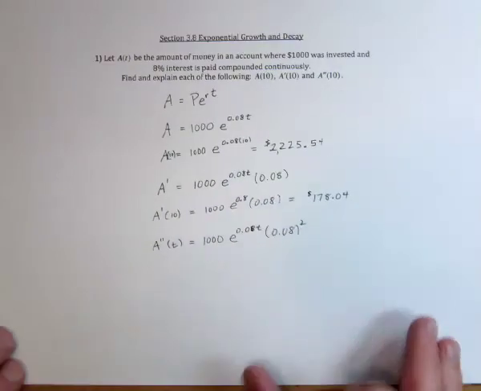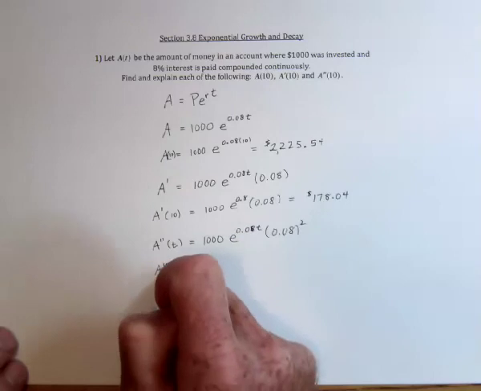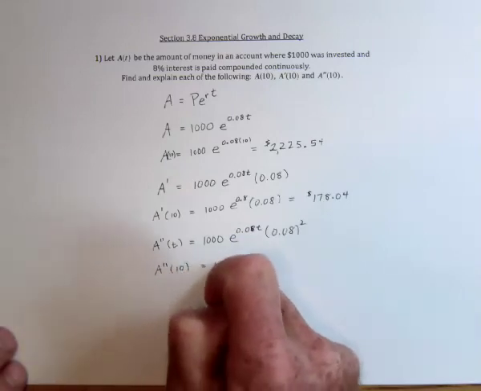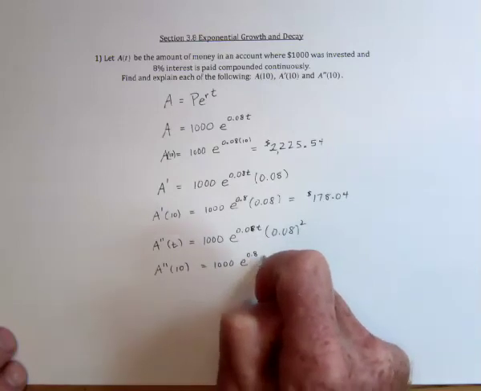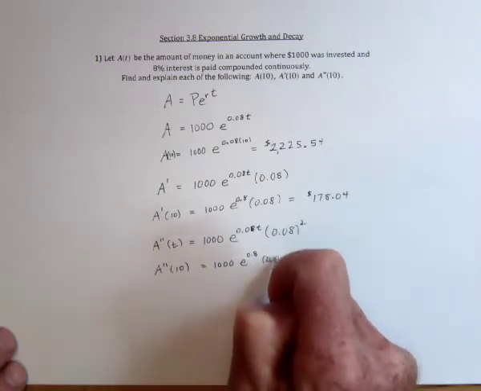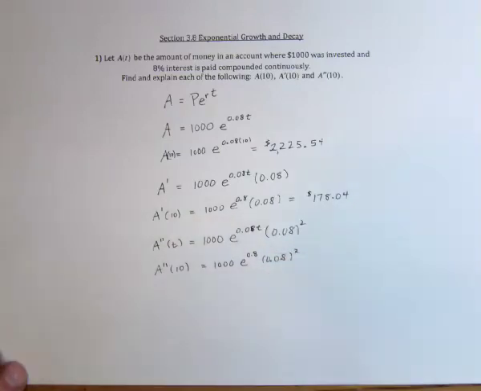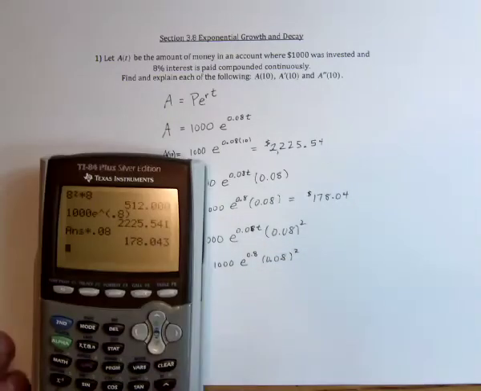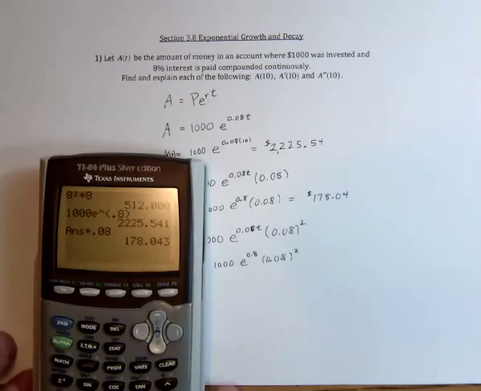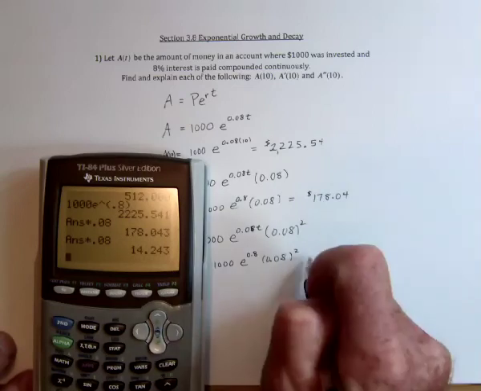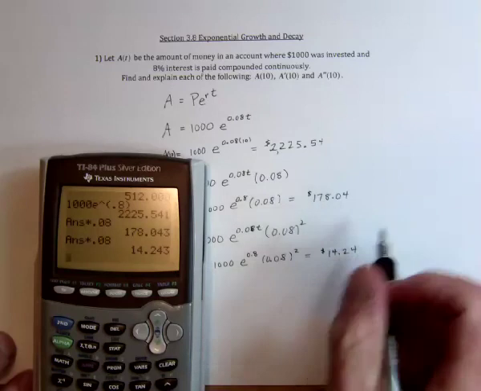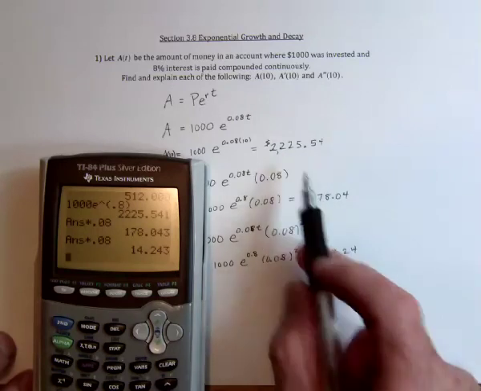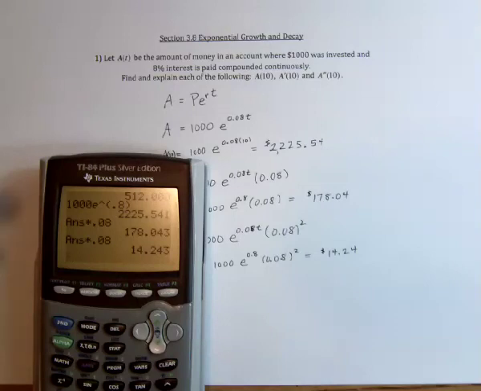And then substitute in a 10, and we're about done. So the second derivative is going to be 1,000, and then e to the 0.08t, multiplied by 0.08 twice. Which then means take that last answer, which was only multiplied by 0.08 once, and multiply by 0.08 again. So we go from a little over $2,000 to 178 to 14.